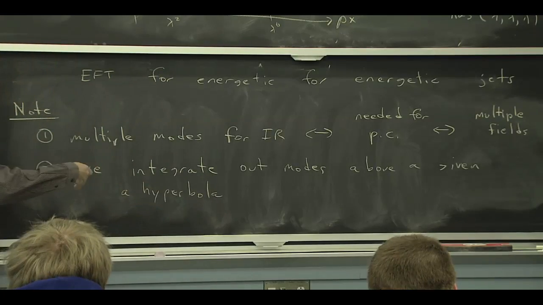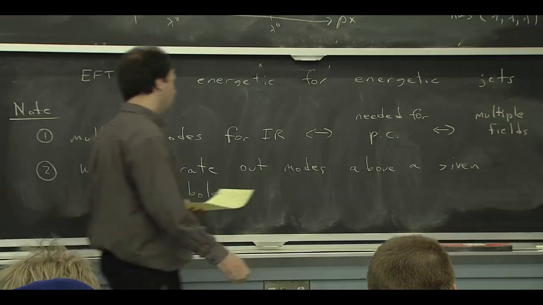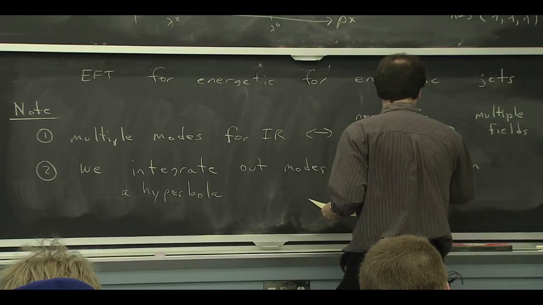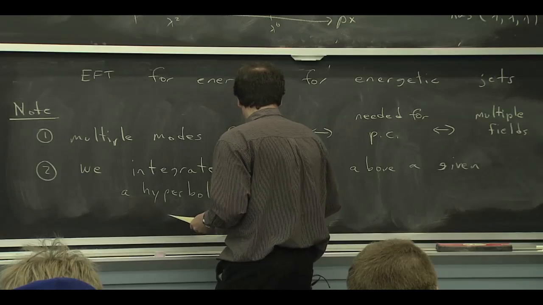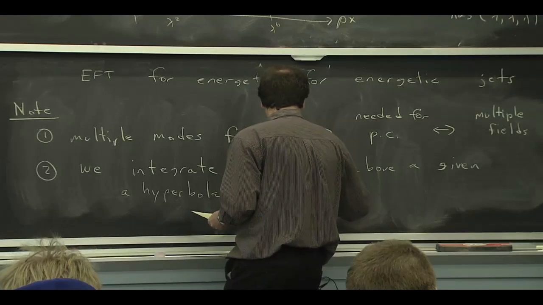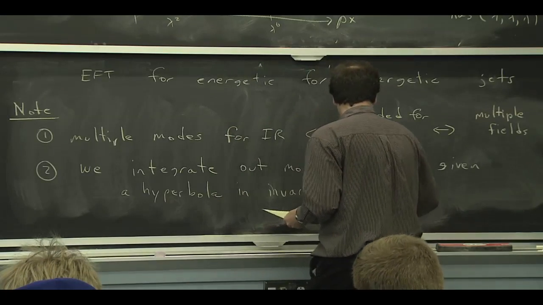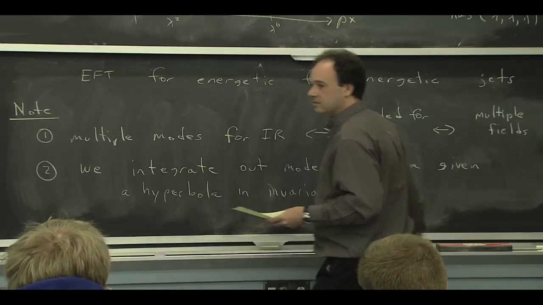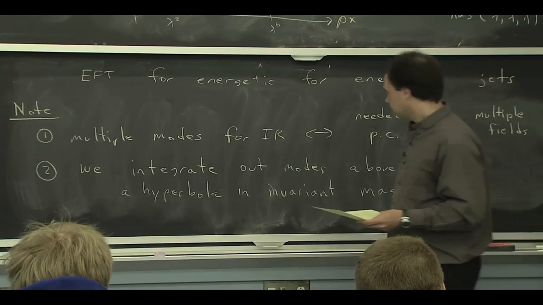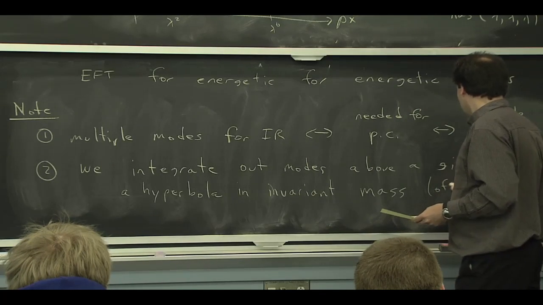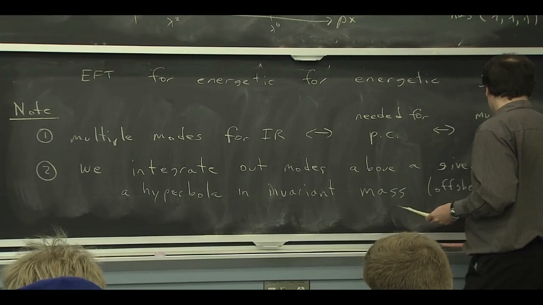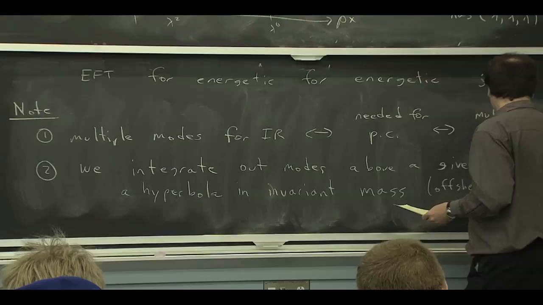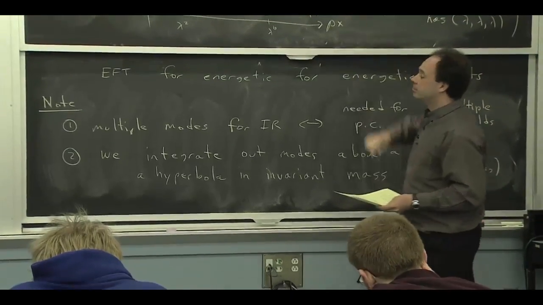It's just that when we describe the low energy modes, we need more than one of them. So what we mean by off-shell is the same as it always has meant. Off-shell modes get integrated out. Those are modes with large p squared, like the hard modes.